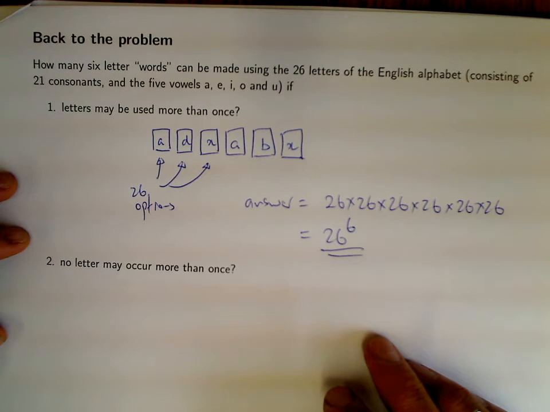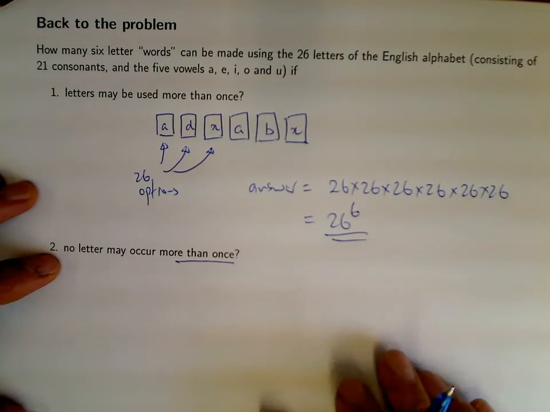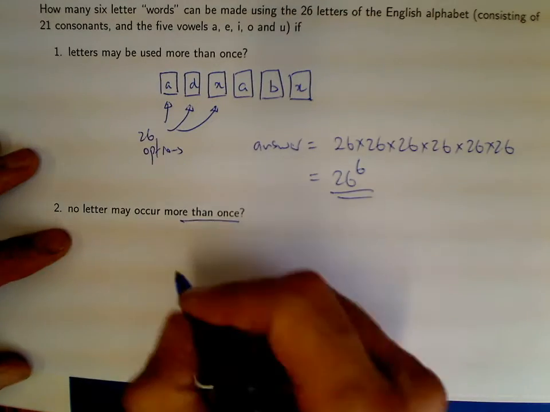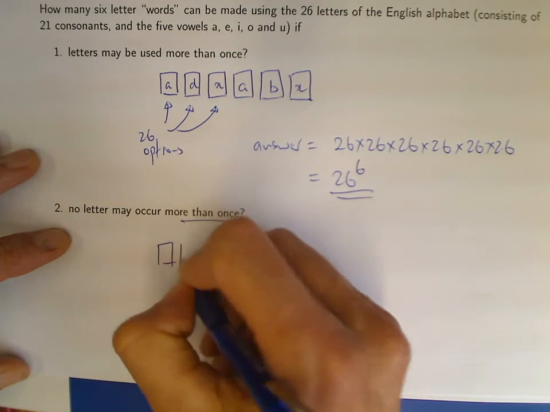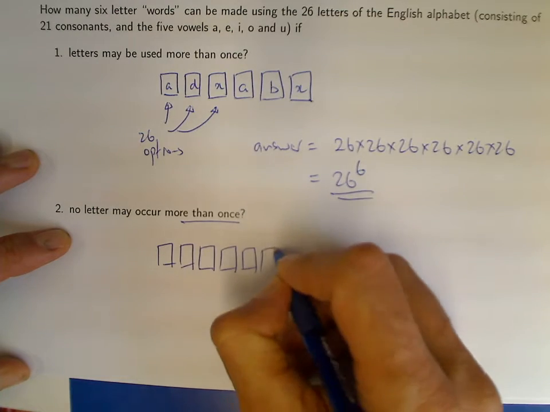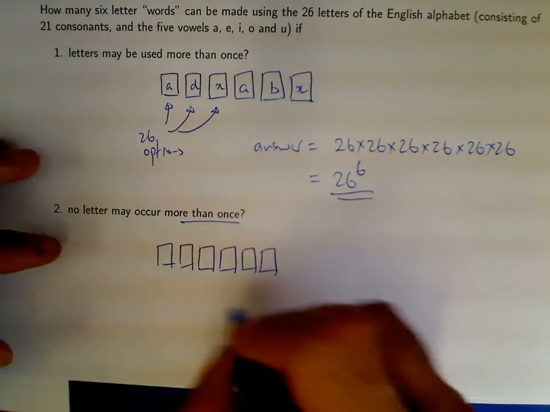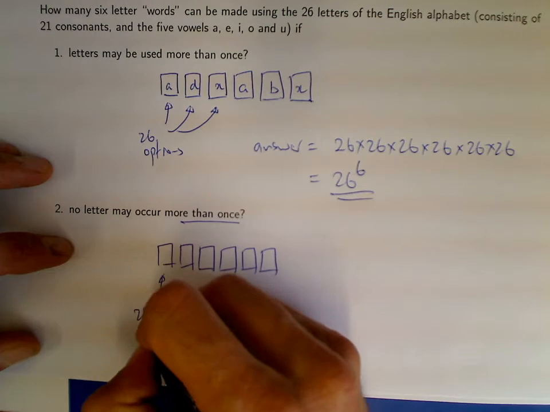Okay, so for the second question, it says no letter may occur more than once. So we're just going to do the same process of filling in those boxes. I've got my 6 boxes, and I just want to fill those in turn. So I've got 26 choices for what to put here.